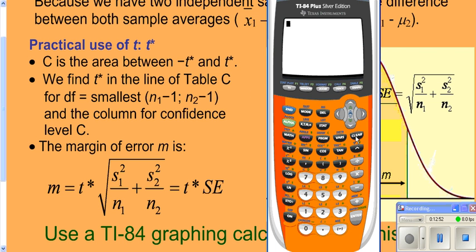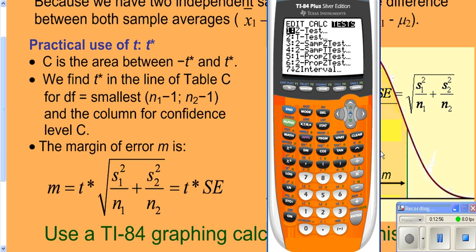So let's go back to our calculator, go stat, arrow to the left to test. Now we're dealing with a two sample t interval, so we're going to scroll down our list till we get to a two sample t interval. Make sure you get the t interval here. Your data is already in there from when we did our t-test, so we'll just go down, type in our 95% confidence level.